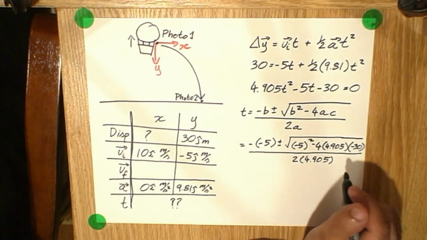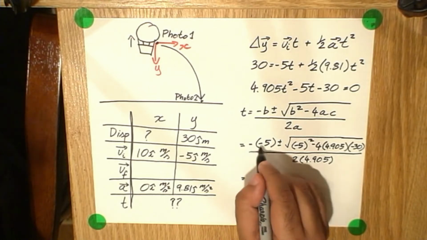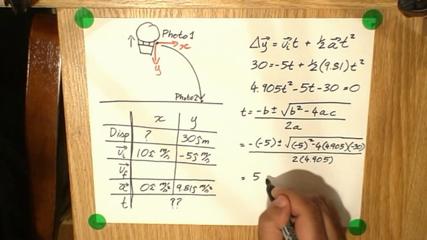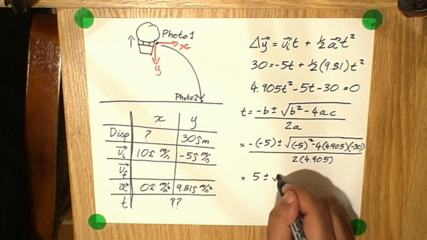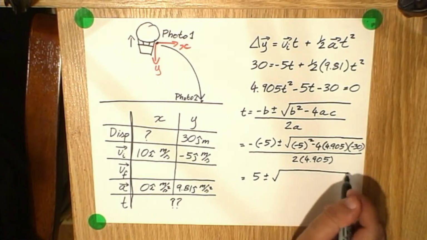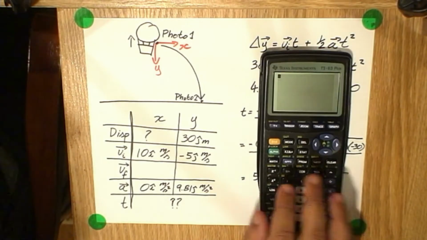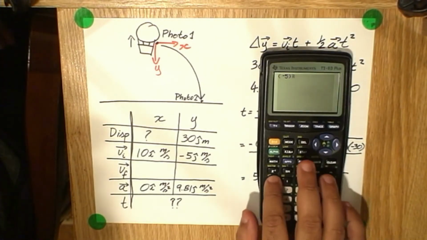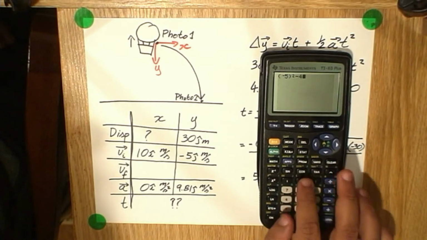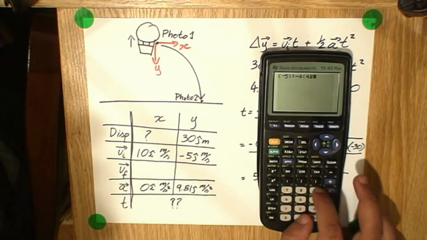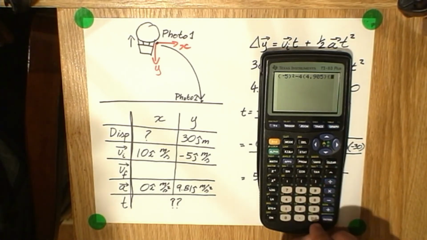Let's start simplifying this. Negative 5 becomes positive 5, plus or minus the square root of, this I'm going to use my calculator for. Negative 5 squared minus 4 times 4.905 times negative 30 gives us 613.6.